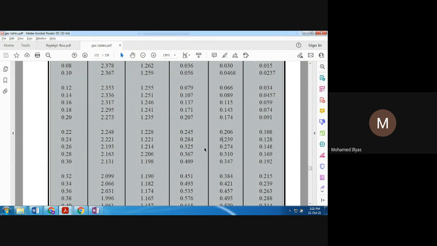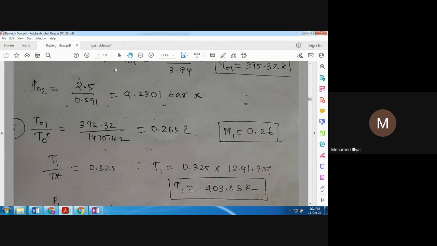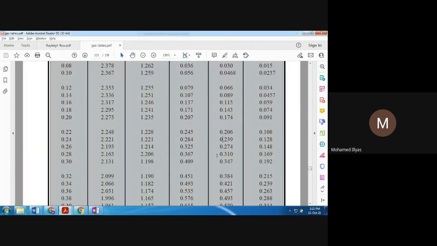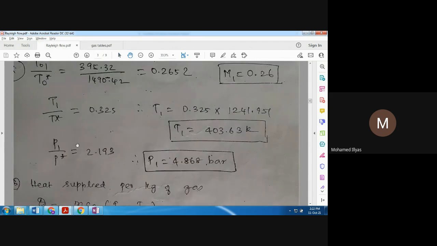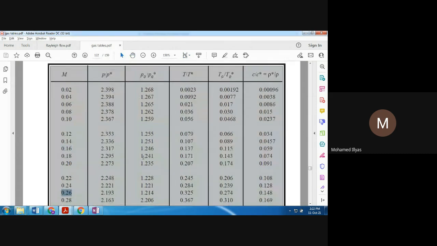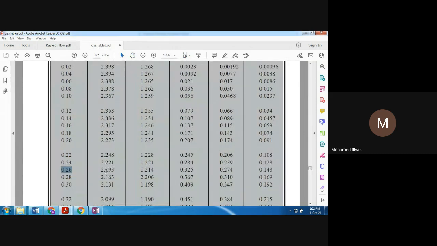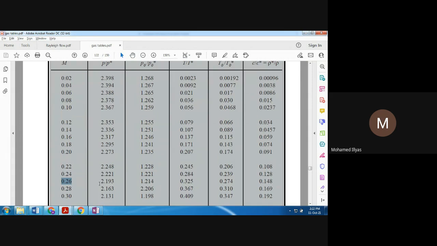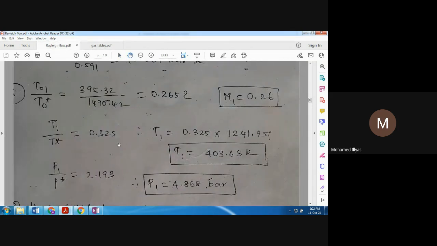Corresponding to this, we have taken M1 as 0.26 for the T naught 1 by T naught star ratio, and we have taken T by T star and P by P star also. This is your second and third column. P by P star is 2.193 and this one is 0.325. So 2.193, 0.325.